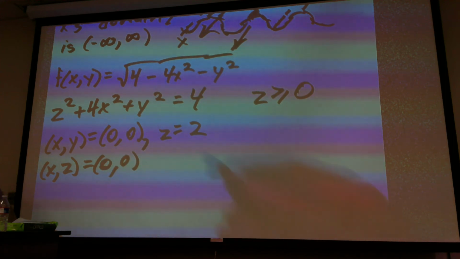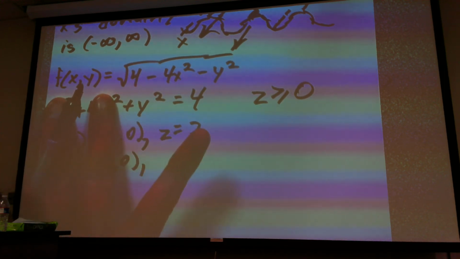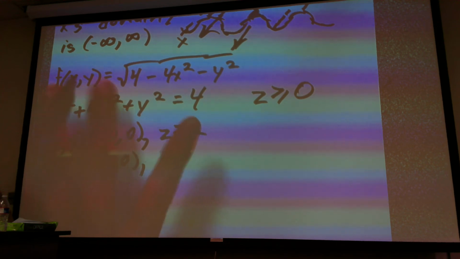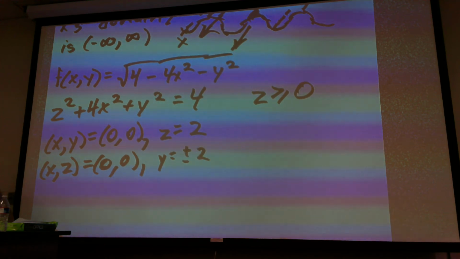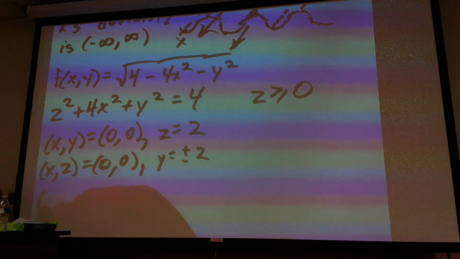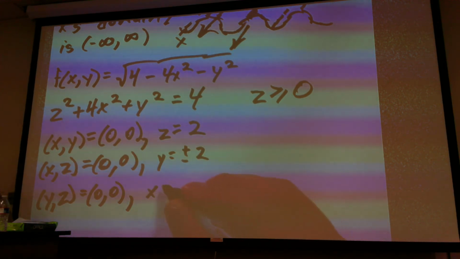Well, that would mean, all right, if I set x and z equal to 0, I would get y squared equals 4. So if I take the square root of that, I'm going to get y is going to equal plus or minus 2. Right. Now if I set y and z equal to 0 comma 0, I'm looking at 4x squared equals 4. If I divide by 4 on both sides, I'm going to get x squared equals 1. So x is going to equal plus or minus 1.